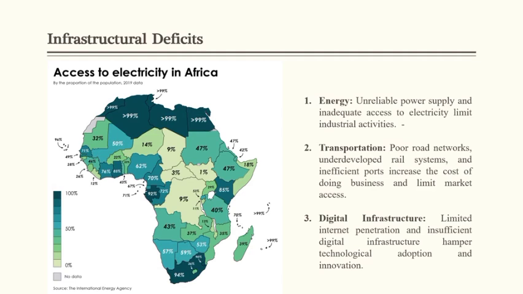If you look at the map there, you see that there are different percentages associated with these countries in regards to the availability of electricity. You see a country like Nigeria has 62%. This is a recent statistic. You see a country like Niger Republic 14%. You see a country like Chad 9%.